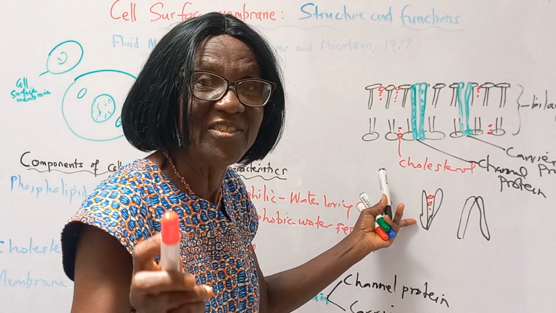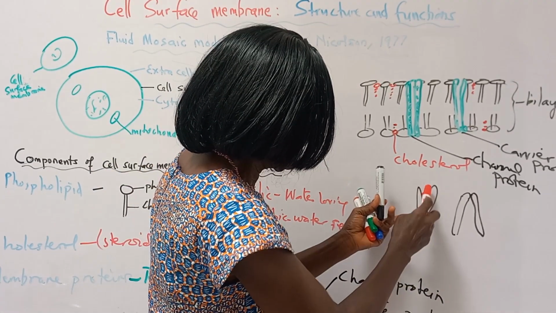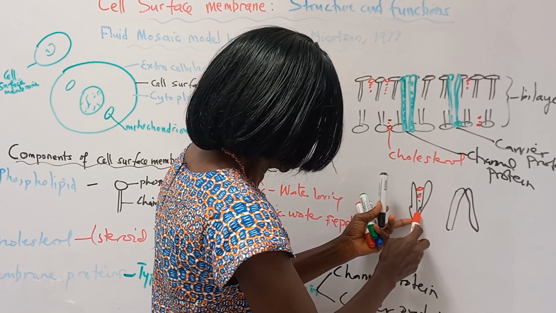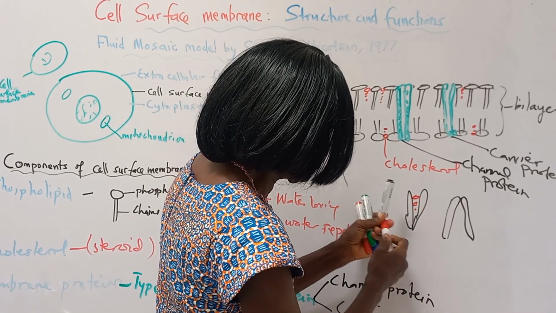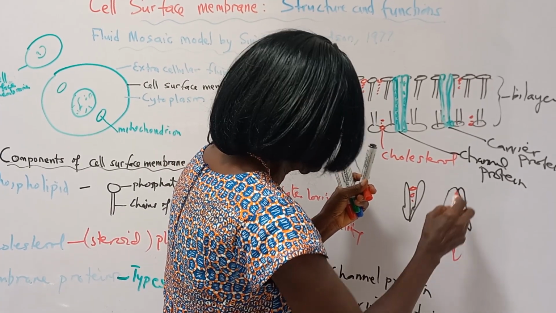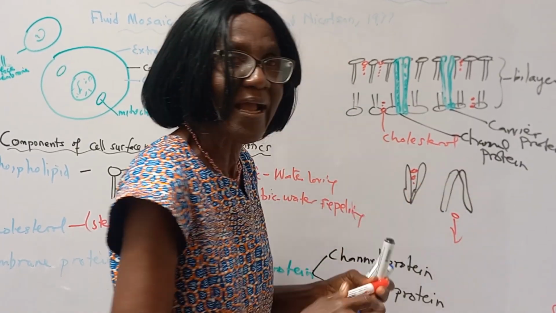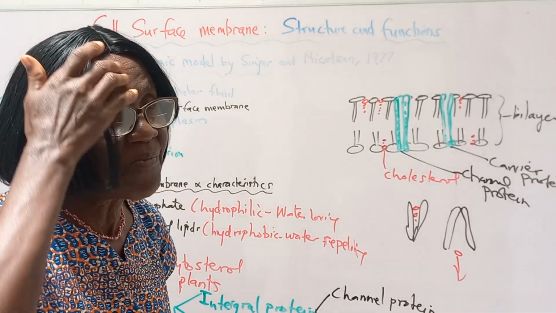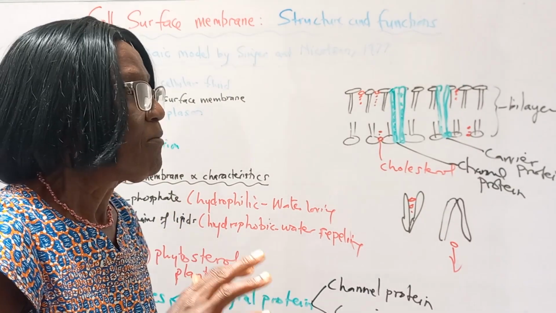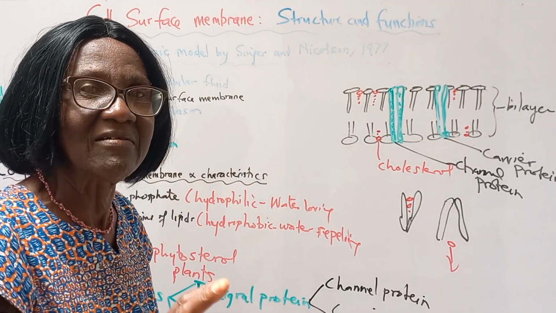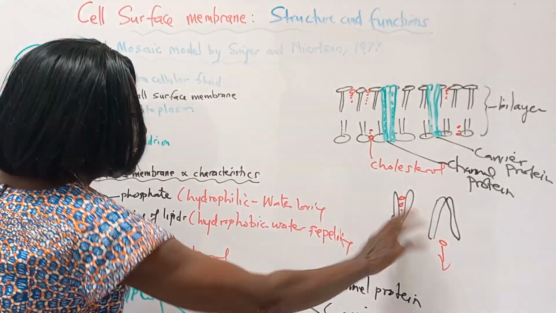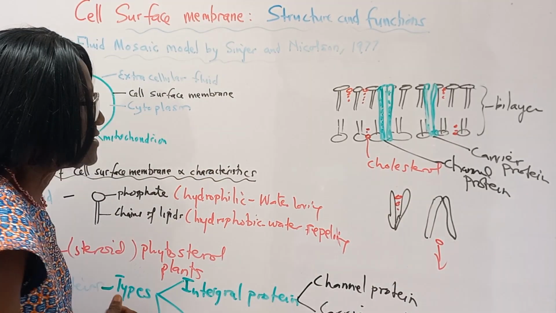It uses energy, ATP, to do that. And as the substance is brought in here, it changes shape, releases the substance, and then the shape goes back. And the changing of shape or conformation is very rapid, more than 100 cycles per second. Very rapid, transporting substances.